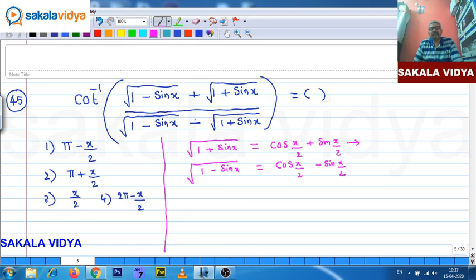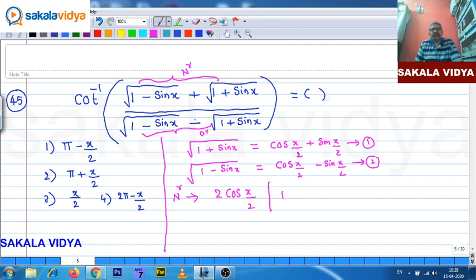Say equation 1 and equation 2. First, let us say this value is the numerator, and this value is the denominator. Let us simplify the numerator. We need to add both. If we add, this gets cancelled, we have 2 cos x by 2.